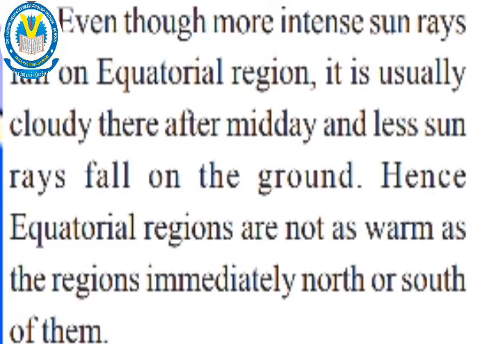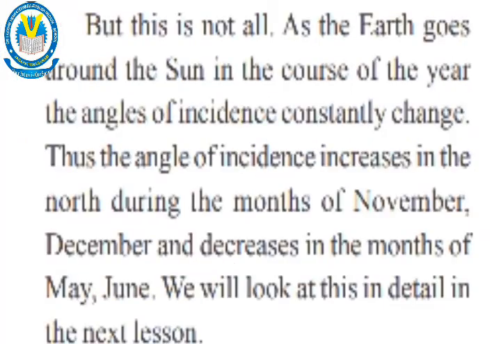So, the sun rays that fall on the ground would not be of that great heat. Hence, the equatorial regions are not as warm as the regions immediately north or south of the equatorial region.